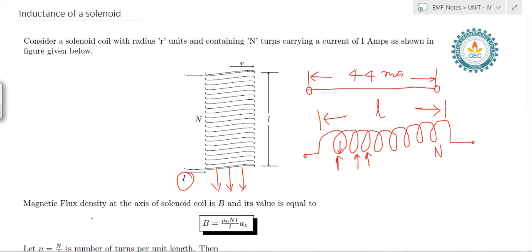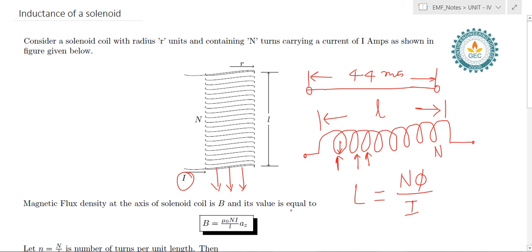Okay. So what we need to find out? We need to find out the inductance of this solenoid. As per the definition of inductance, L is equal to N phi by I. We know the definition of inductance. It is the ratio of flux linkages to the current which they link.